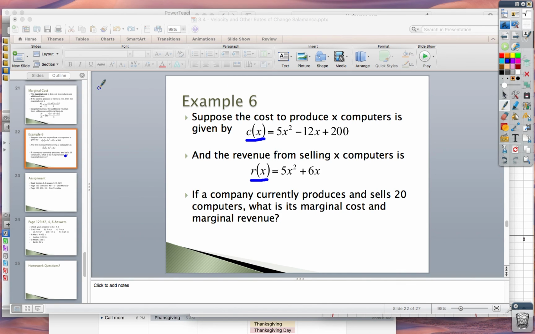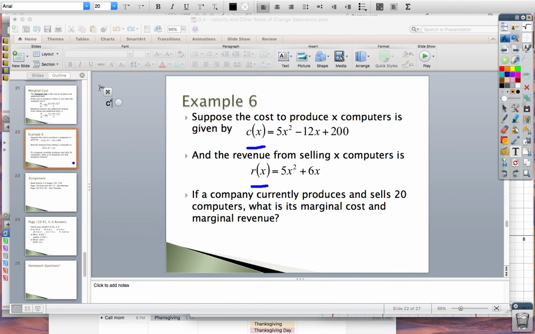So if we take our C of X and take the derivative of it, that becomes 10x minus 12.